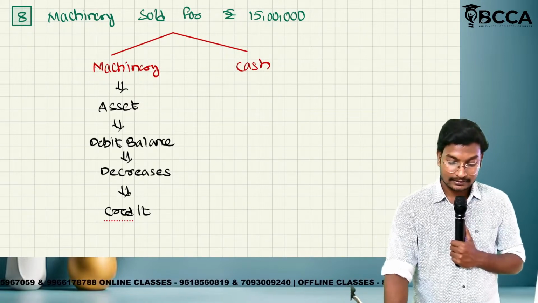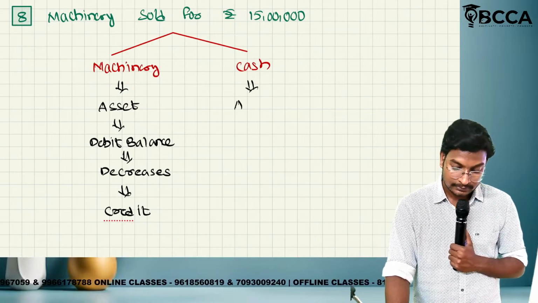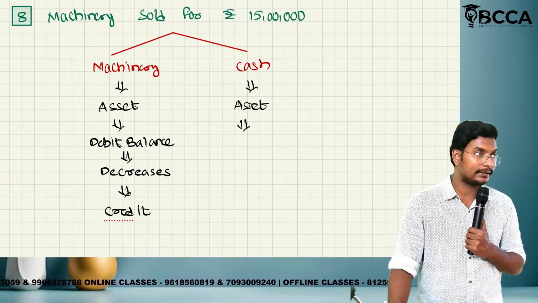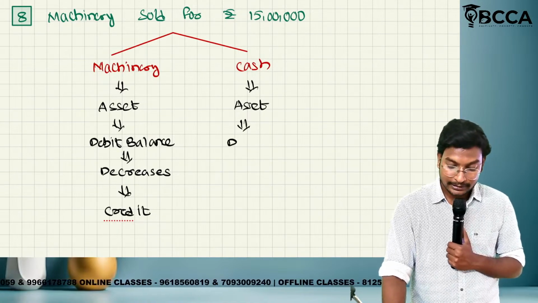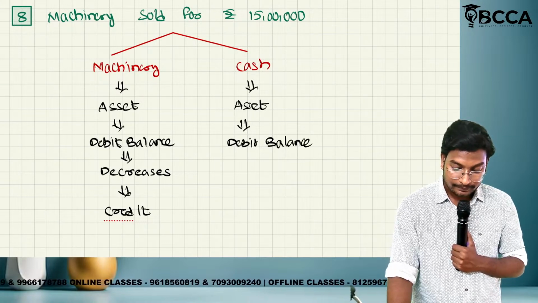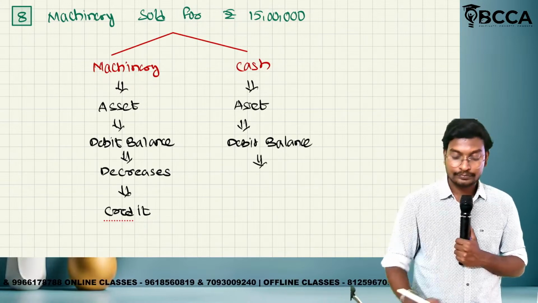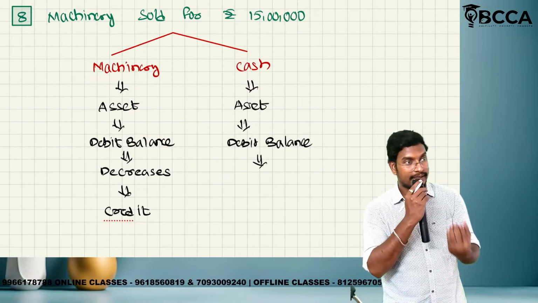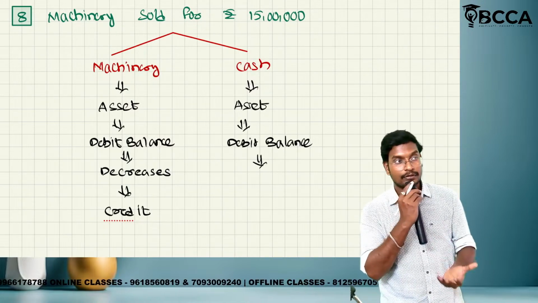Next, cash. Is it an asset or liability? It is an asset. Which balance? Debit balance. Now, we are selling the asset, which means we are getting the cash or not? We are getting the cash. Comes in or goes out? Comes in.